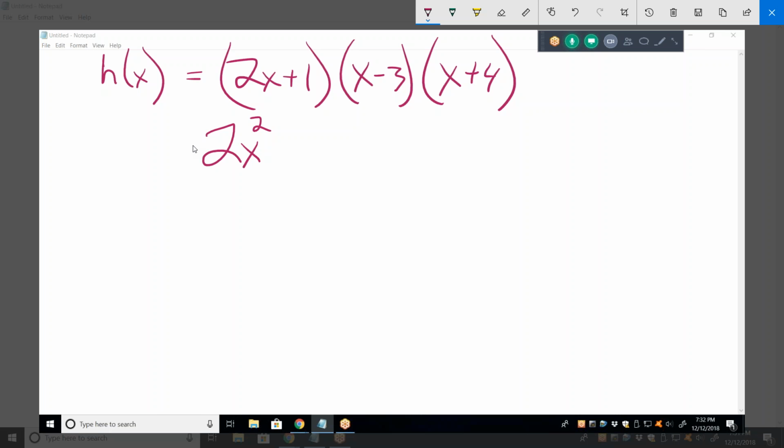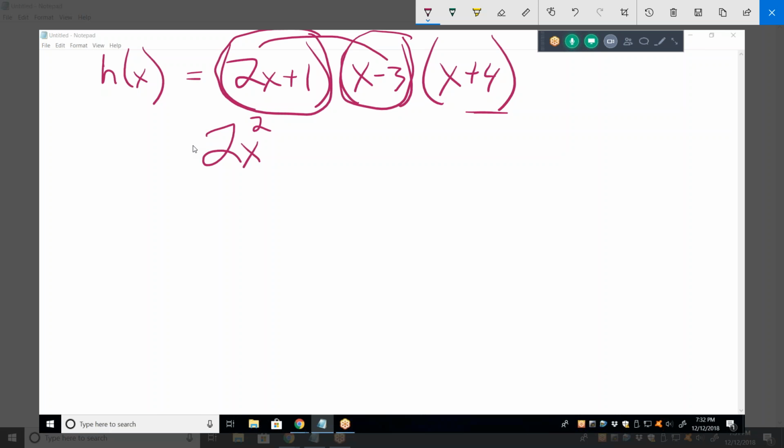Hold on. By finishing all of it, I mean finish multiplying that times that. You're not looking at this third term yet. You're going to wait until you multiply these first two together. Then you're going to multiply that trinomial by this binomial. Okay. So when I meant finish it, I meant do that next.